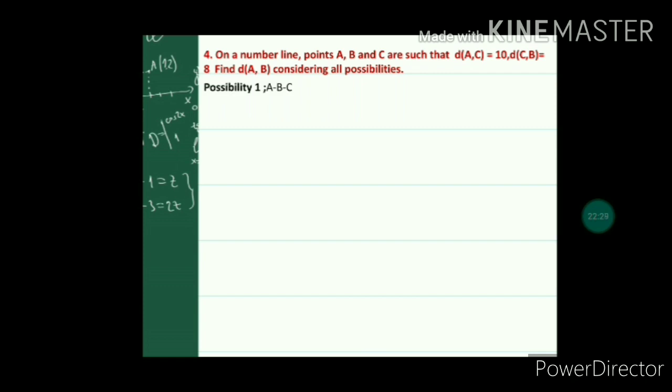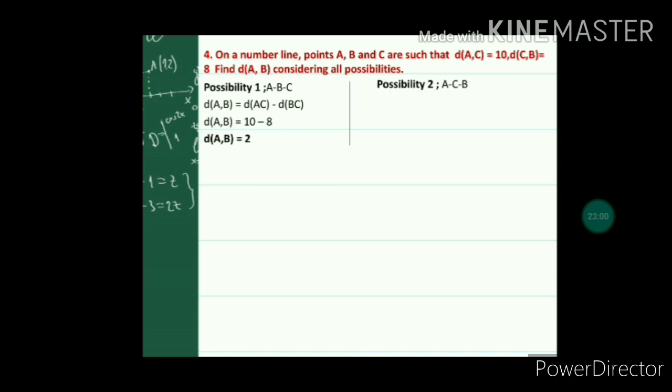First possibility is B is in between A and C. Therefore, distance of AB is equal to distance of AC minus distance of BC. Therefore, distance of AB is equal to 10 minus 8. Therefore, distance of AB is 2.